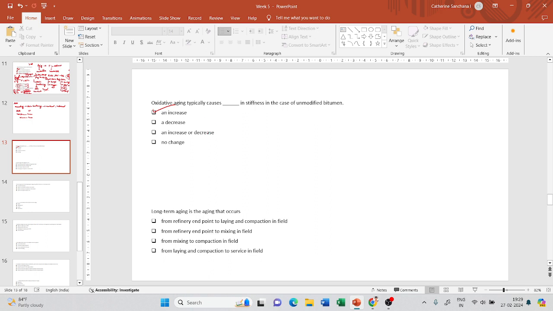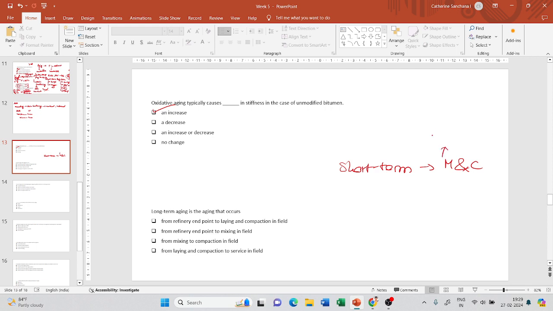Long-term aging is the aging that occurs from refinery endpoint to laying and compaction in field, from refinery endpoint to mixing in field, from mixing to compaction in field, from laying and compaction to service in field. So I said short-term aging is to simulate the aging because of mixing and compaction.